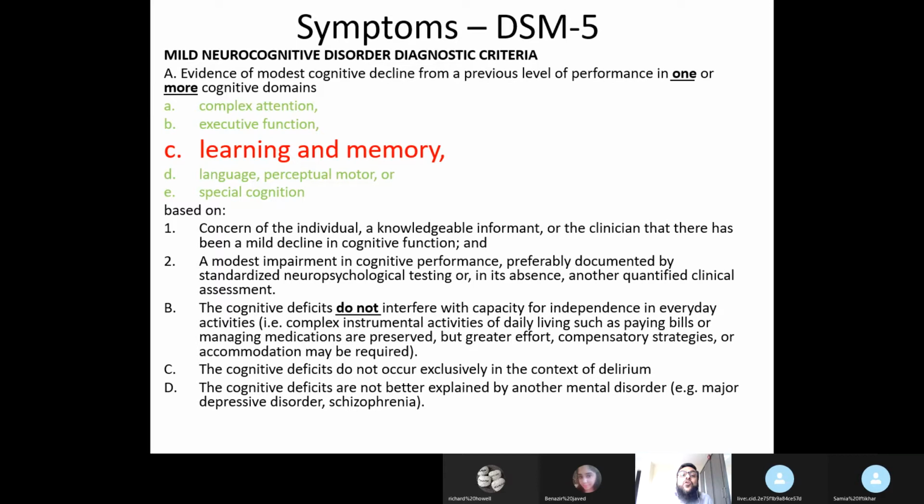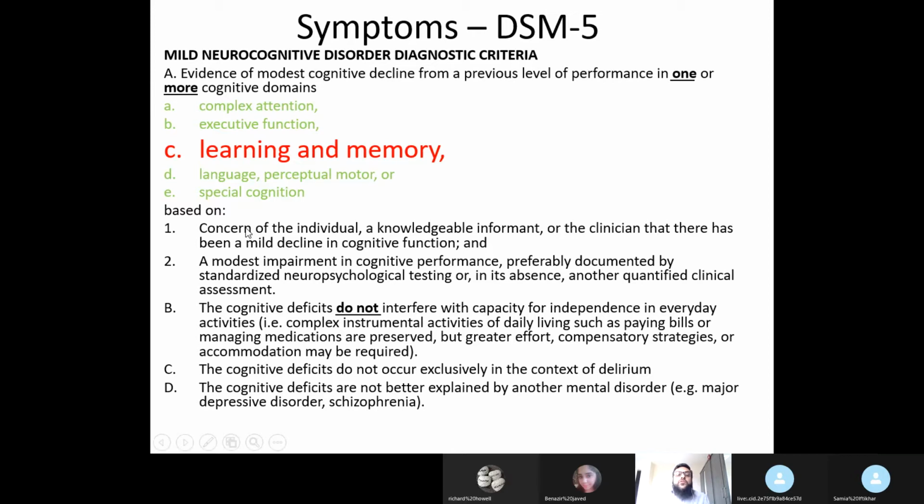But here in Korsakoff syndrome, there is no attention deficit. The only thing affected is learning and memory, anterograde amnesia and retrograde amnesia. The working memory, which is the attention and concentration, is not disturbed.